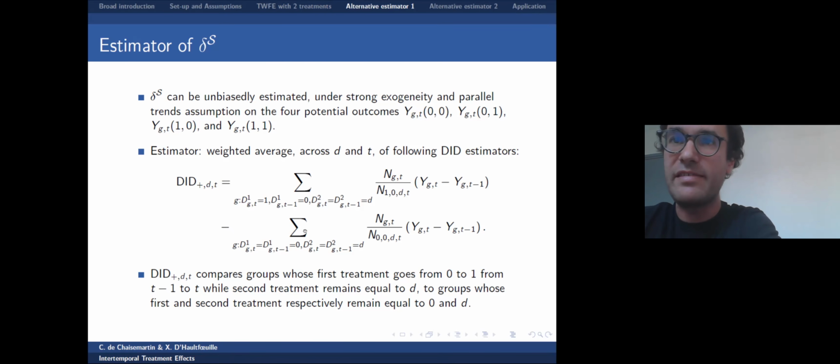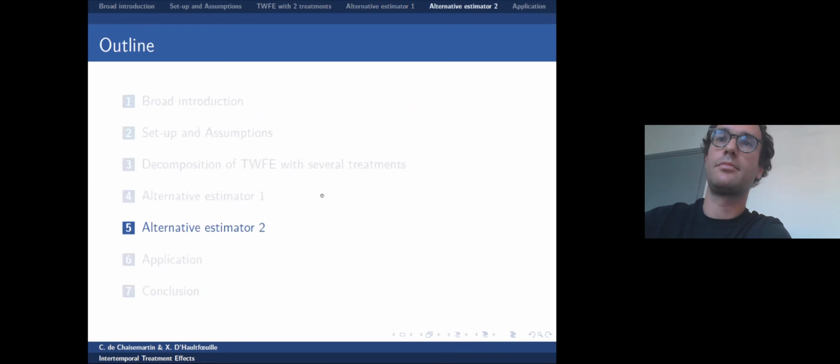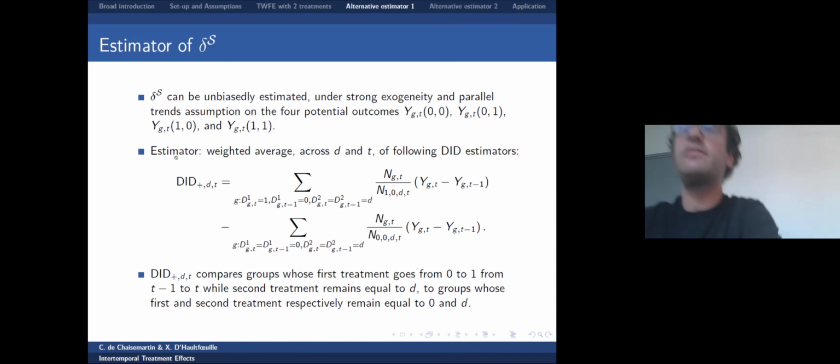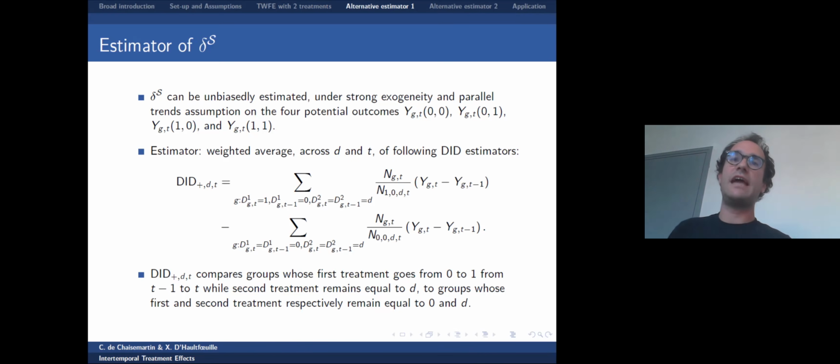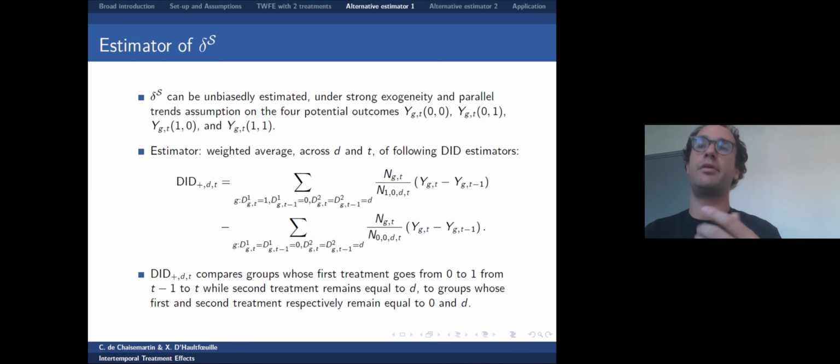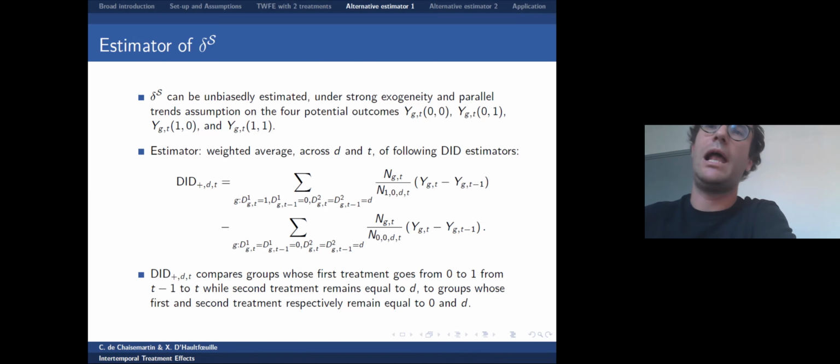Notation gets really messy, but we're comparing groups whose first treatment goes from 0 to 1 while their second treatment is not changing, to groups whose first treatment remains at 0 and their second treatment is also not changing, and is the same as the second treatment of the switching group. This estimator is computed by the DID multiple GT command, and the details of implementation are explained in the help file.